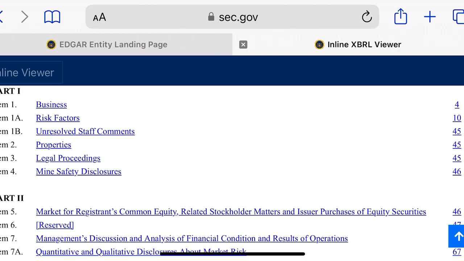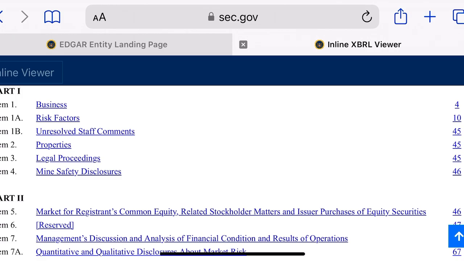You can see item 4 is mine safety disclosures. There's pretty few companies that actually use those, like tech companies and consumer goods, because most of them don't do mining, obviously. So some will just have the comment none, period. And then most of the other sections should be pretty well filled out.